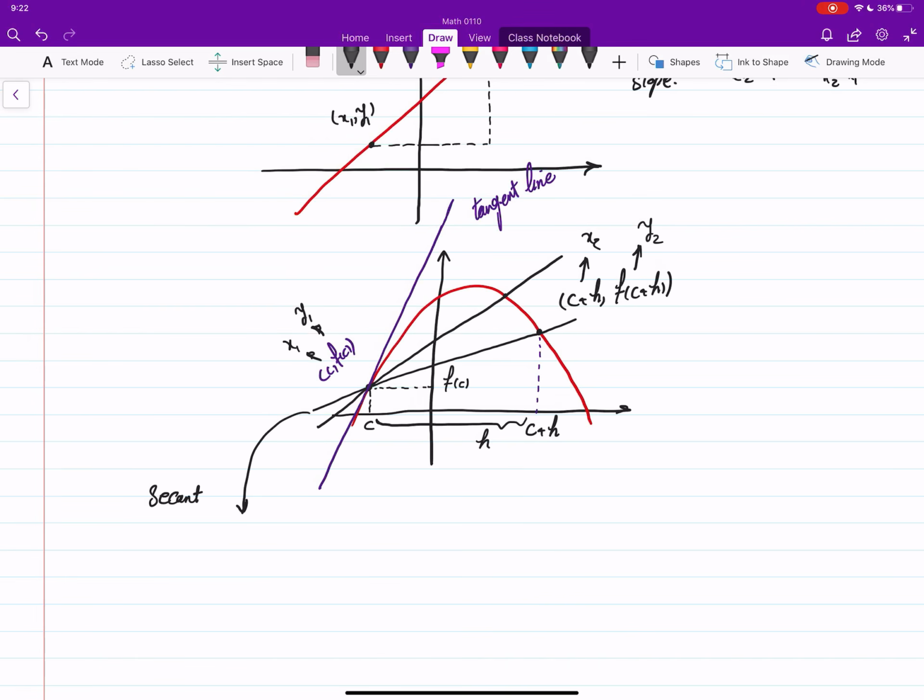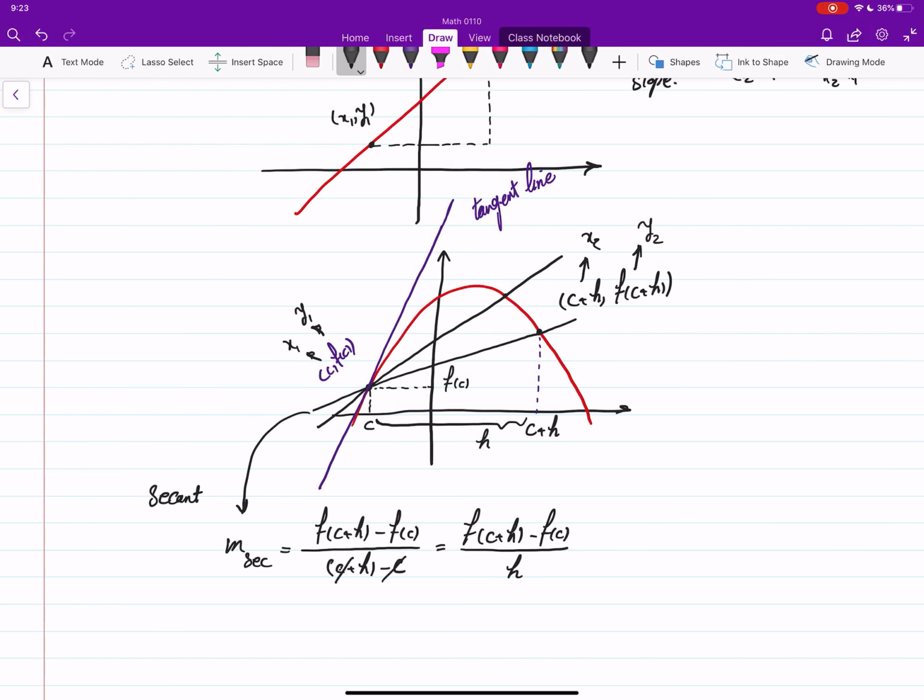Then the slope of the secant line is equal to y2 minus y1 over x2 minus x1. This gives us what? Well, c cancels with that. We get h there, f of c plus h minus f of c. Very nice. So far, it's just a line which cuts the graph, and you get two points of intersection and then find the slope.